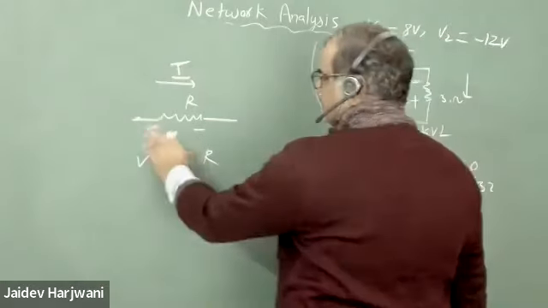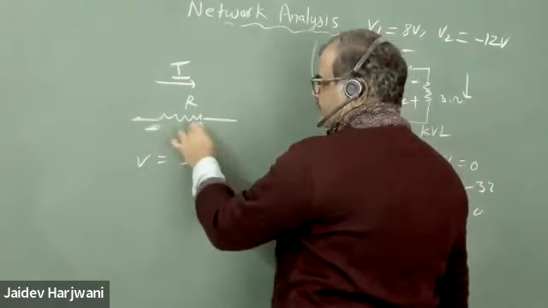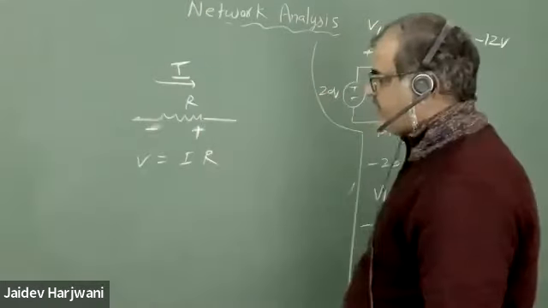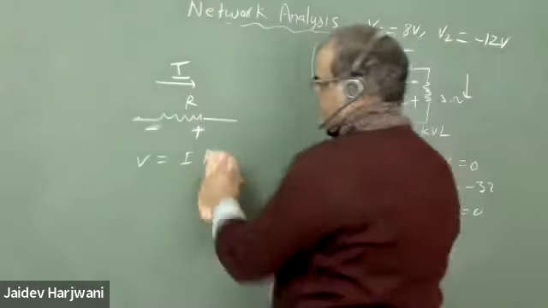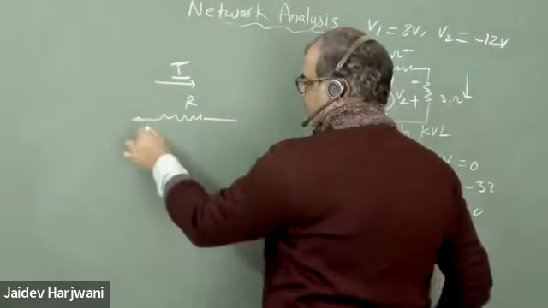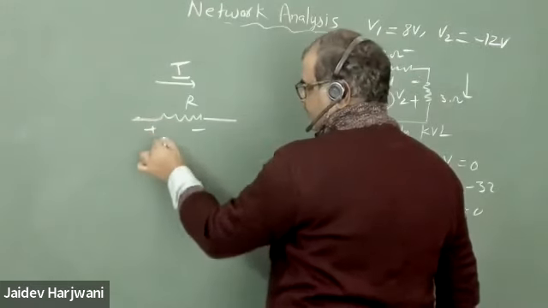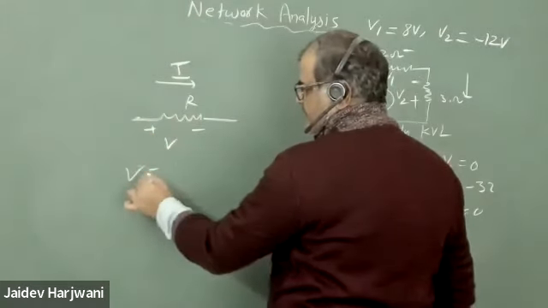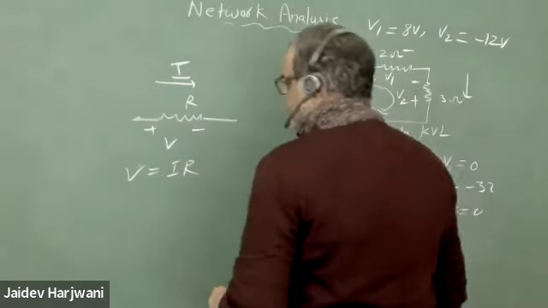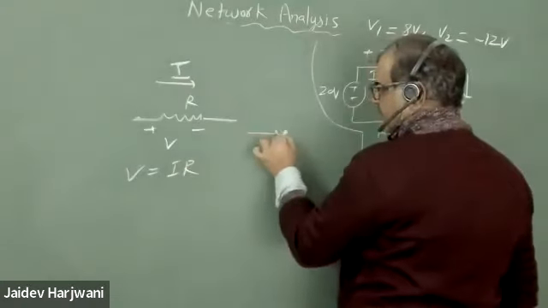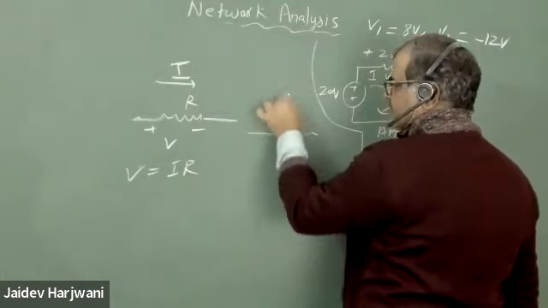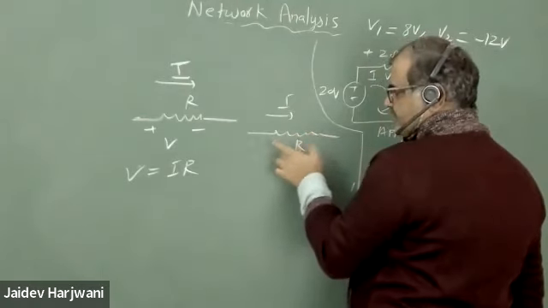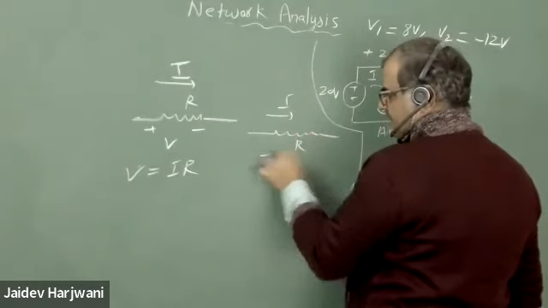If you force the current to move from minus to plus and measure voltage like this, the sign changes. Now the same thing, if your current is moving like this and you try to measure the drop across these points like this.